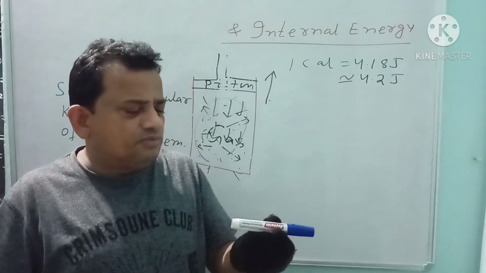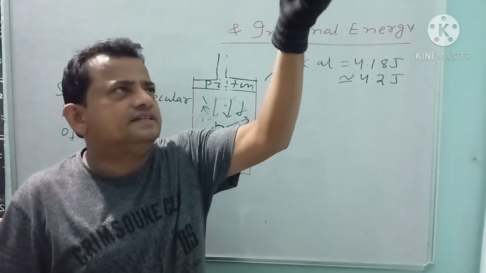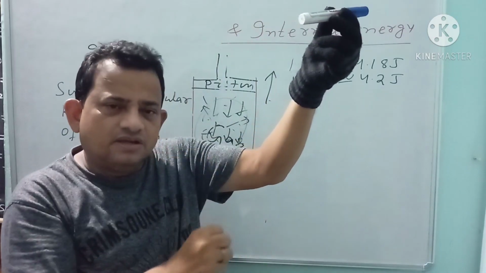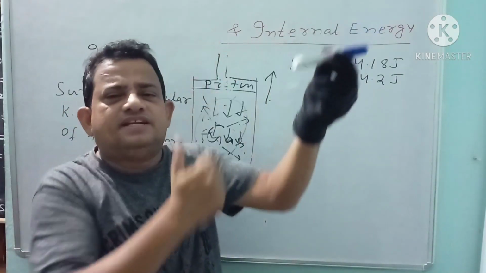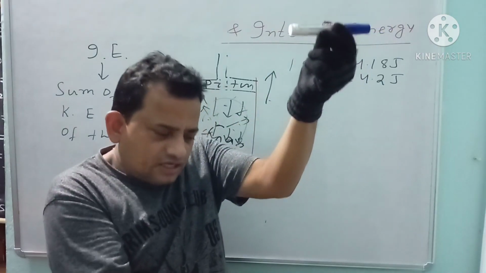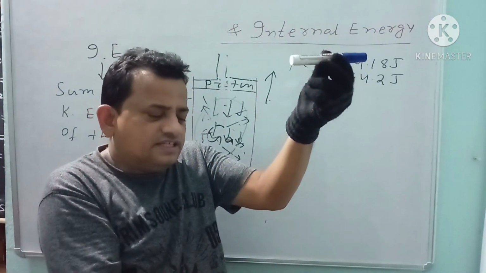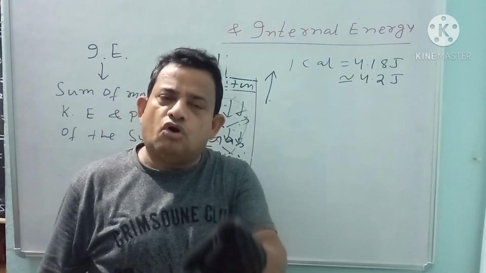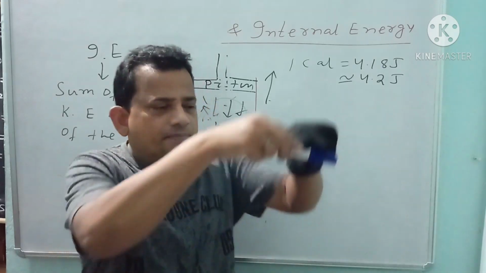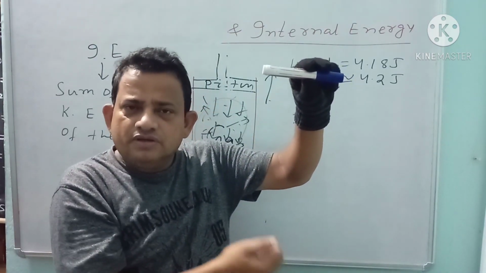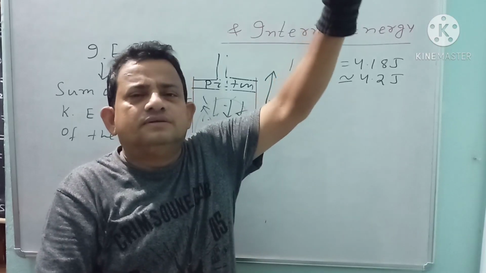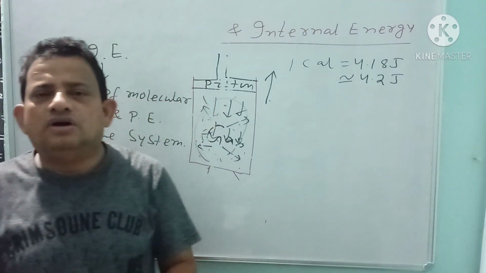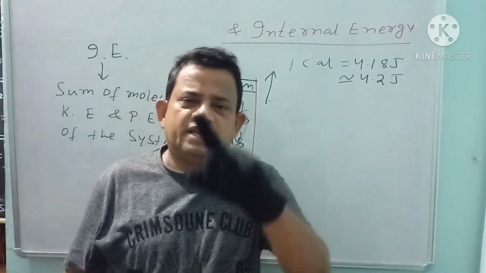Suppose you are raising a body from this height to that height. Against gravity, you are doing work. Gravity pulls a body downward, but you want to move it upward. So against gravity, some work is done, and that work is the gravitational potential energy.